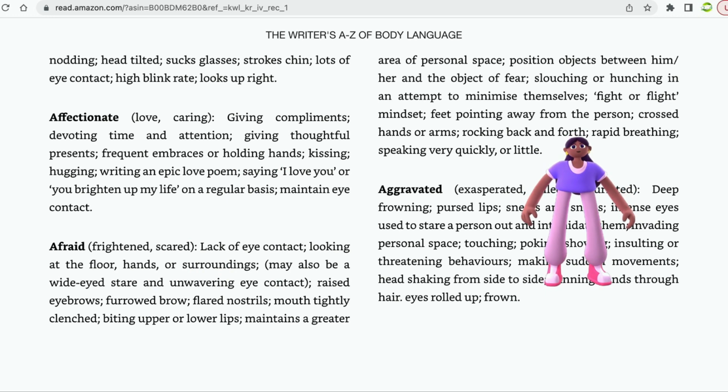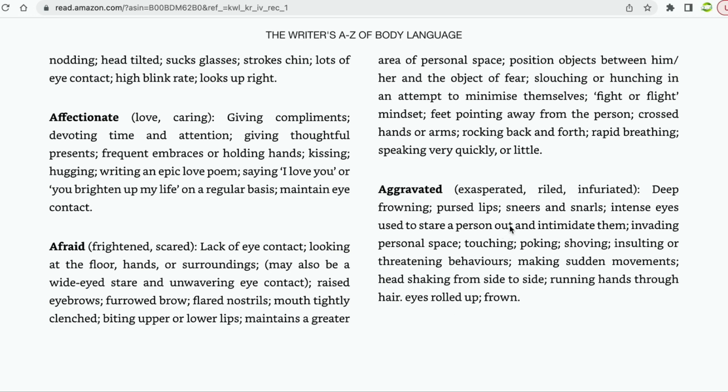Okay, aggravated. Deep frown, pursed lips, sneers, snarls, intense eyes used to stare at a person out and intimidate them. Space, touching, poking, shoving, insulting or threatening behavior, making sudden movements, head shaking from side to side, running hands through hair.